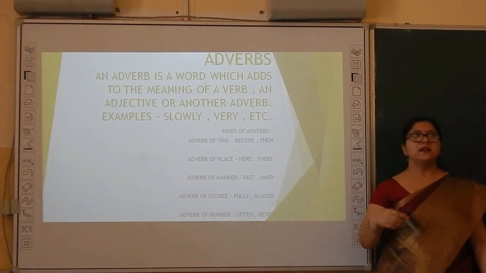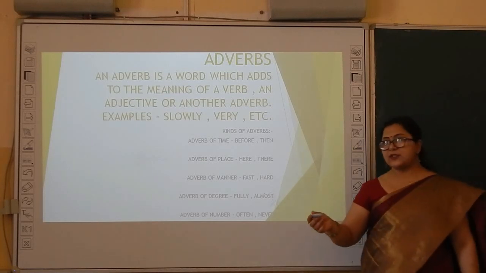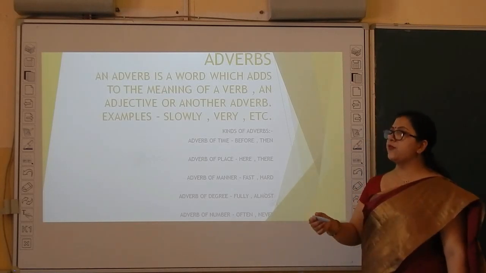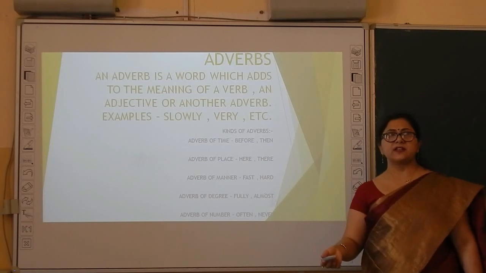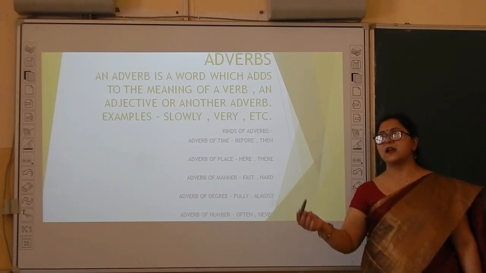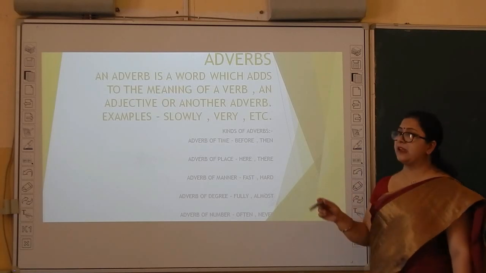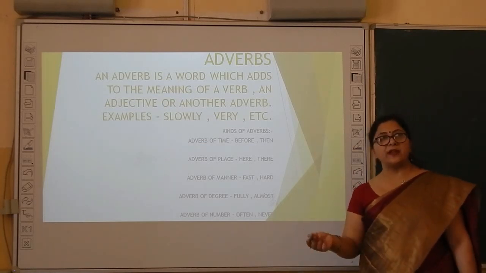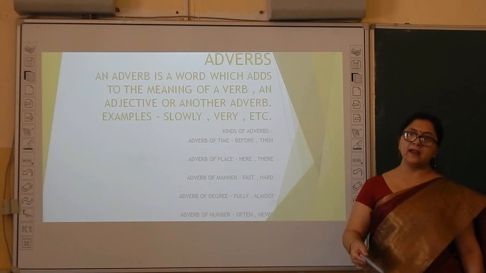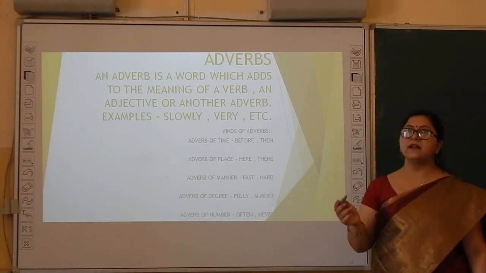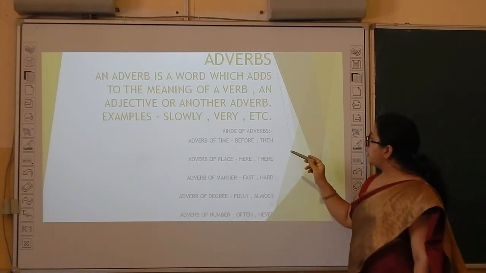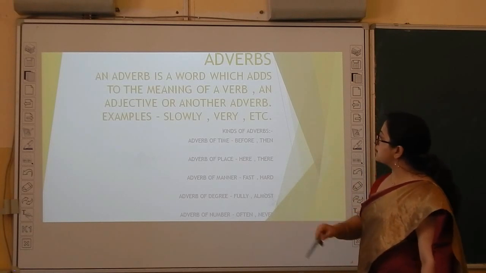It means the words which add to the meaning of a verb, an adjective or another adverb are known as adverbs. For example, slowly, very, neatly, sweetly, happily, merrily, etc. All these are adverbs. Adverbs are of 5 kinds.